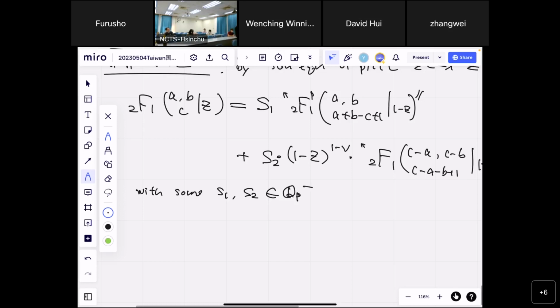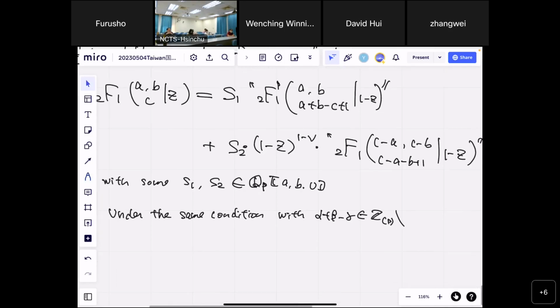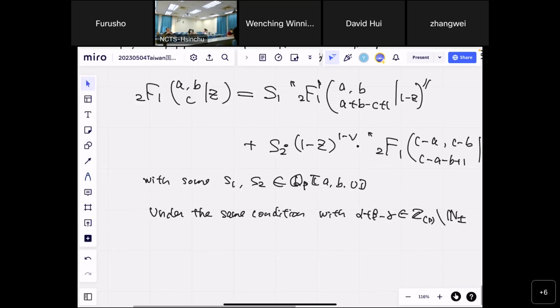And by the same argument, under the same condition, we can show that the 2F1 also converges.